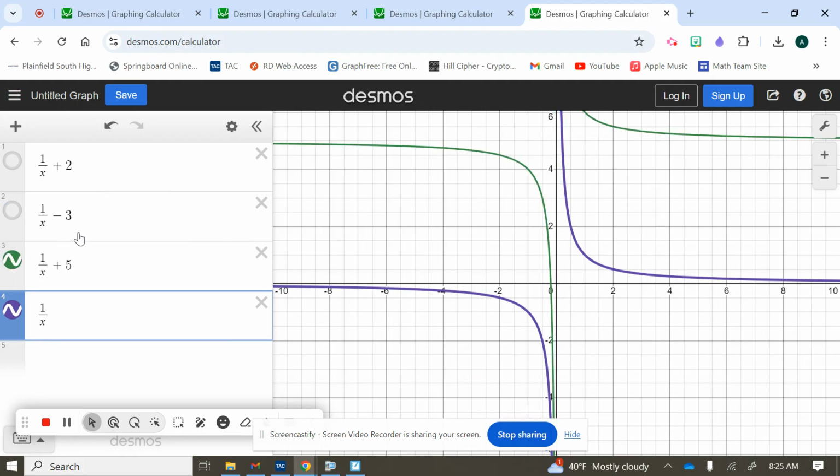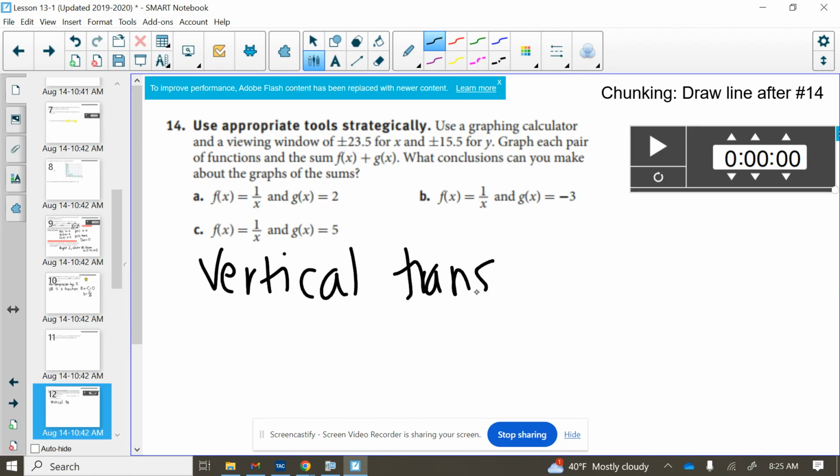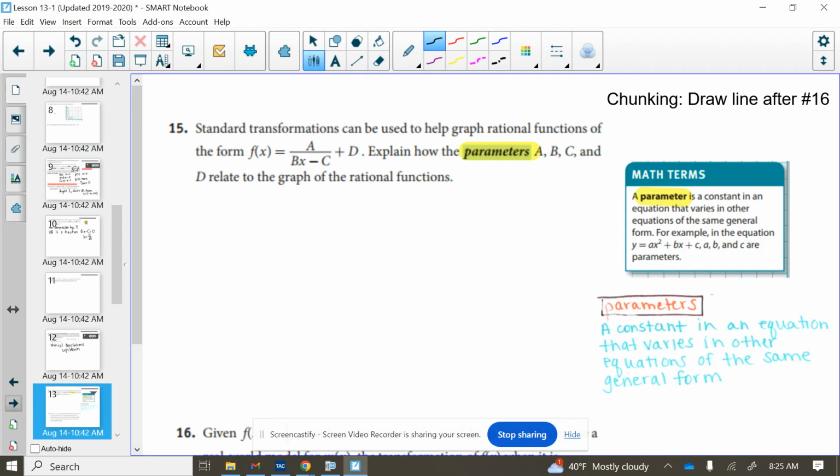And then our parent function, adding 5, shifted it up. So what we see on these is these are going to be our vertical translations, up or down, by that factor d.